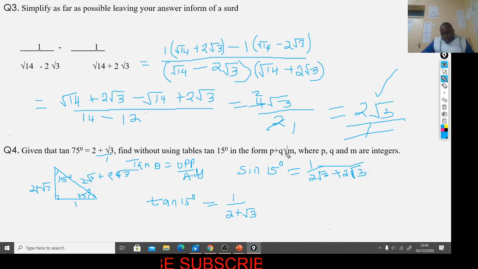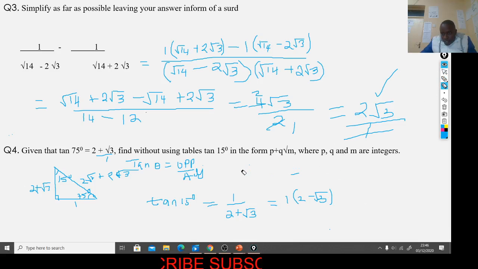But we are asked to get it in this form, so we rationalize the denominator. It becomes 1 times the conjugate, which is 2 minus the root of 3.